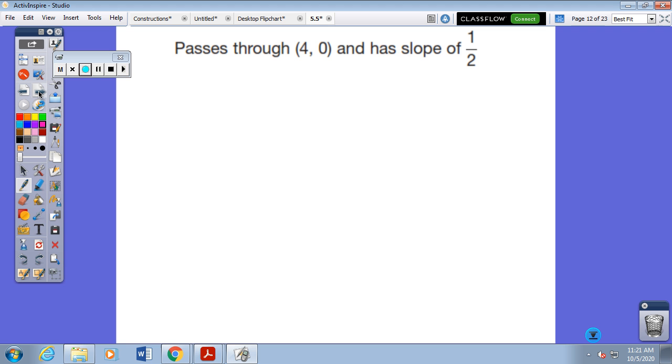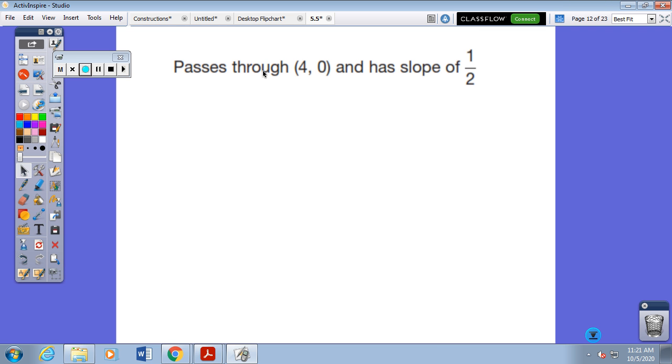Okay, go ahead and take a look at this one. Hopefully you can get ahead of me and start setting this up. You're going to use point slope form, which should be at the top of your page. Y minus y1 is equal to m times x minus x1.